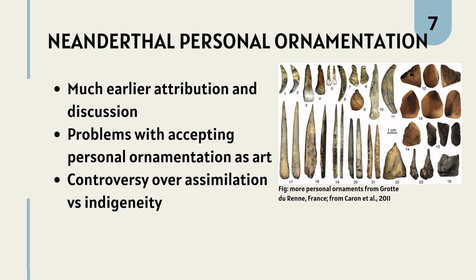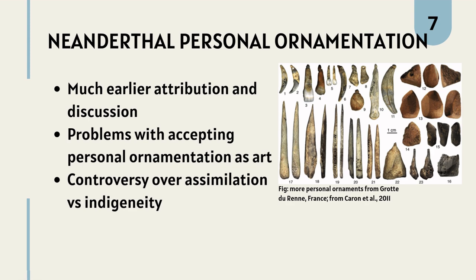Others have recently argued that Neanderthals were capable of creating their own personal ornamentation outside of contact from Sapiens, mostly due to the discovery of artifacts older than the migration of Sapiens to Europe at about 40,000 years ago. It has also been noted recently that Neanderthals often have specific styles of personal ornamentation involving birds of prey and other bird species, which lends to the argument of indigeneity.